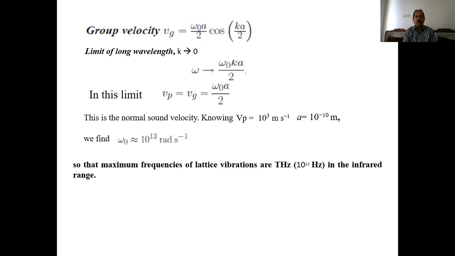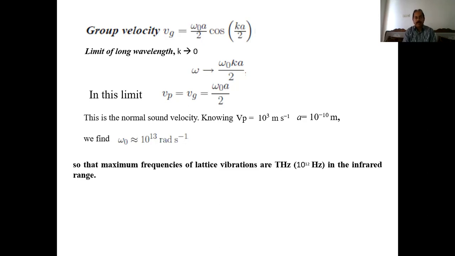In the region where k goes from minus pi by a to plus pi by a, which is known as the first Brillouin zone, with the increase in the value of k, the phonon frequency increases and reaches a maximum value where k is pi by a.